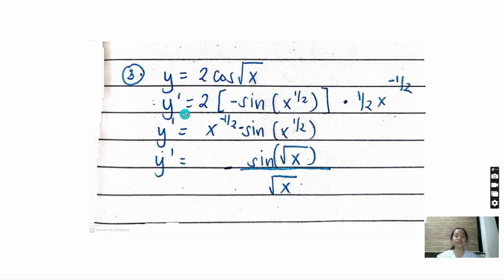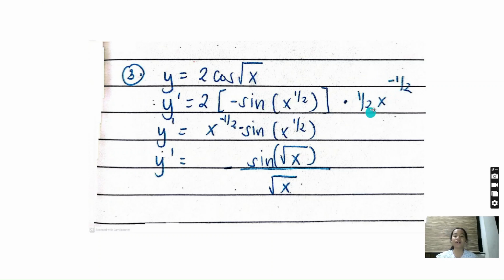So we just separated 2, and then we enclose negative sine of x to the 1/2 by a bracket, and then here it is negative sine because it is the derivative of cos, and then we just transform square root of x into this form, which is x to the power of 1/2, and then again it will be multiplied by the derivative of our g of x, which is here 1/2 x to the power of negative 1/2.